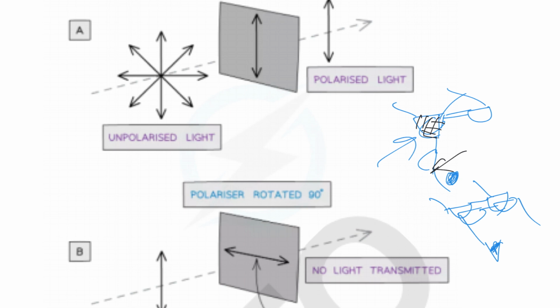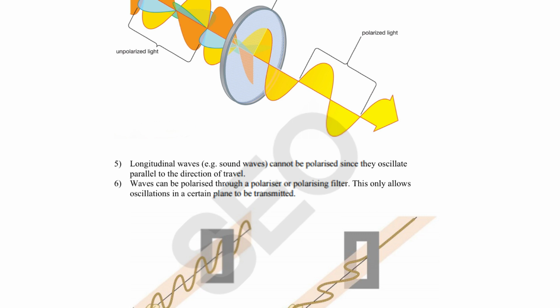Now there is another situation with light. This is just to explain further. I told you that light, and all types of EM radiation, have both electric and magnetic fields, right? So if they're all oscillating in different directions and pass through a filter, you get only one direction. Some people imagine it to be like passing through a slit.